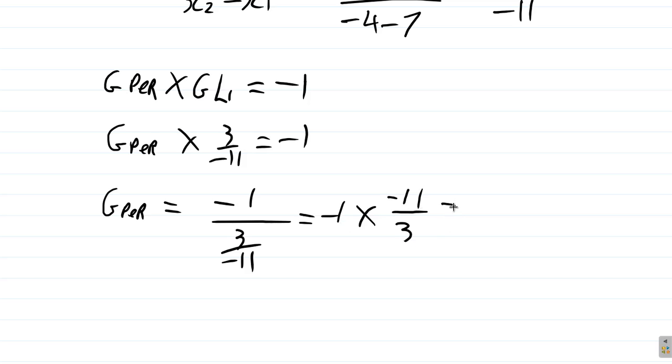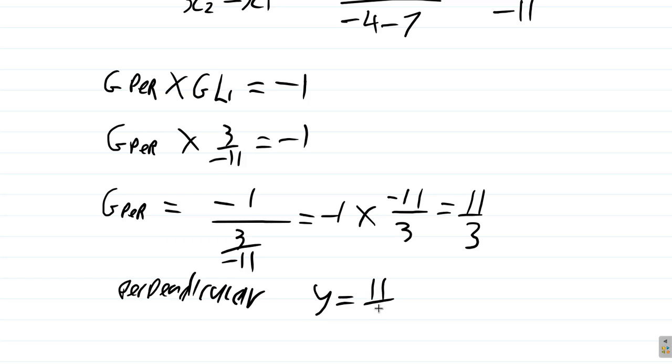So here now, it's going to be a positive 11 over 3. So this is the gradient of the perpendicular, right? So the perpendicular has the equation y equals 11 over 3 x plus c. But now, it's a matter of finding out what c is.